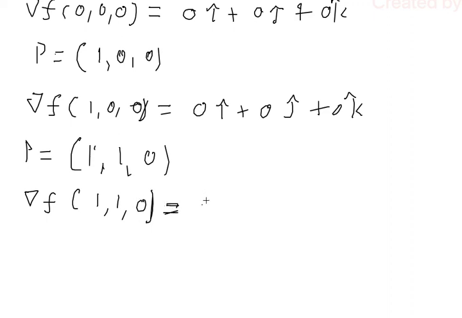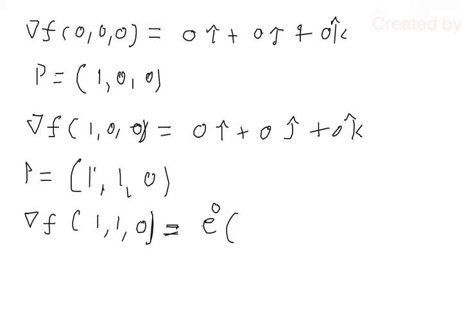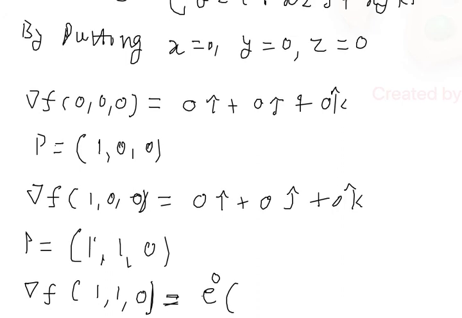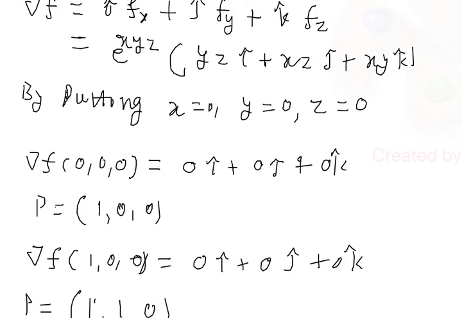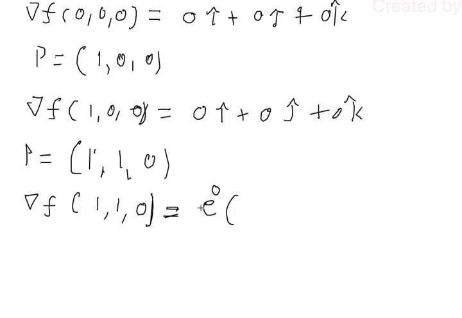So the exponential power will be 0, okay. And in the bracket, the product xy is the only non-zero term and the rest are 0. That means this is 0 i and 0 j plus k. So what is our answer? The answer is only the unit vector k, and the rest of them are 0.